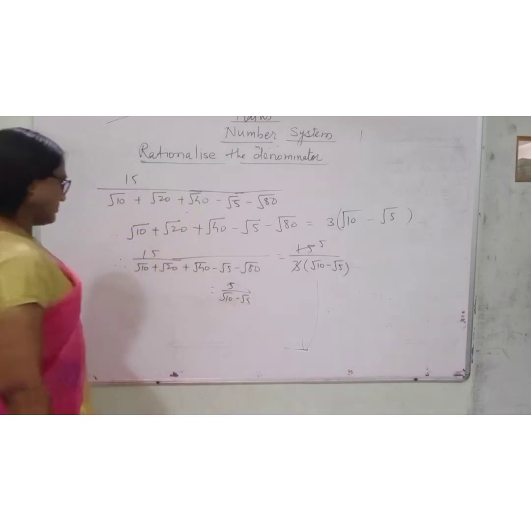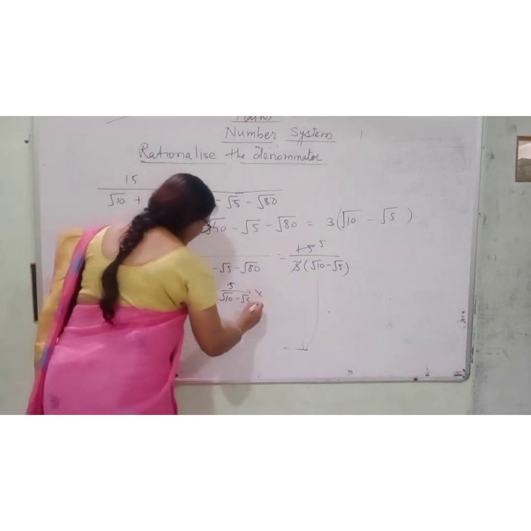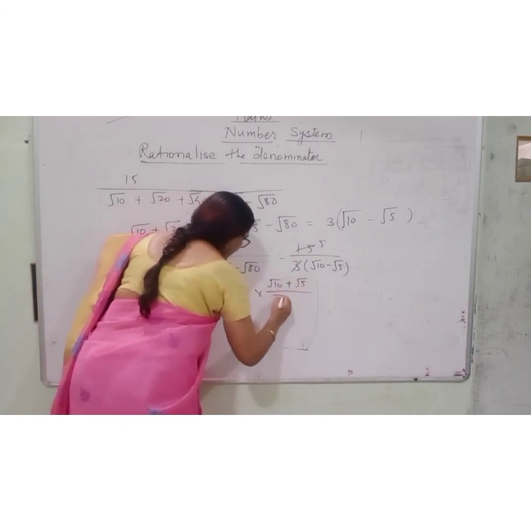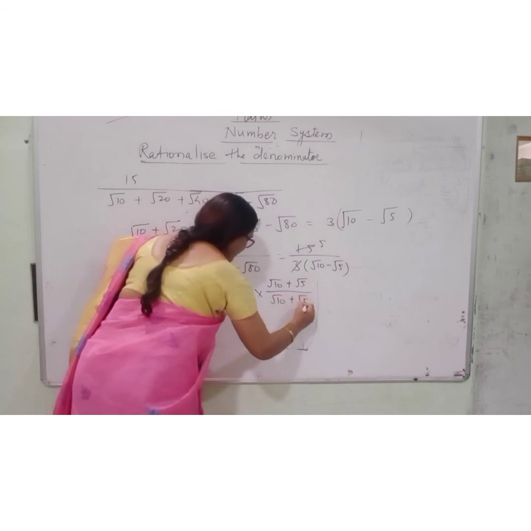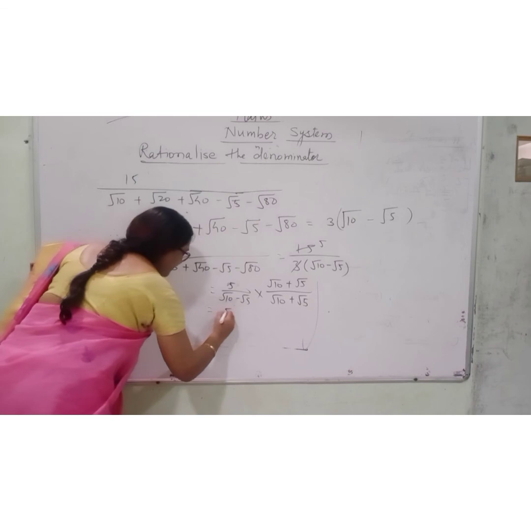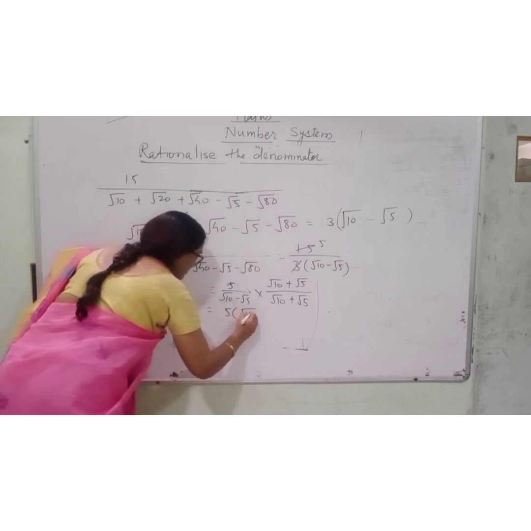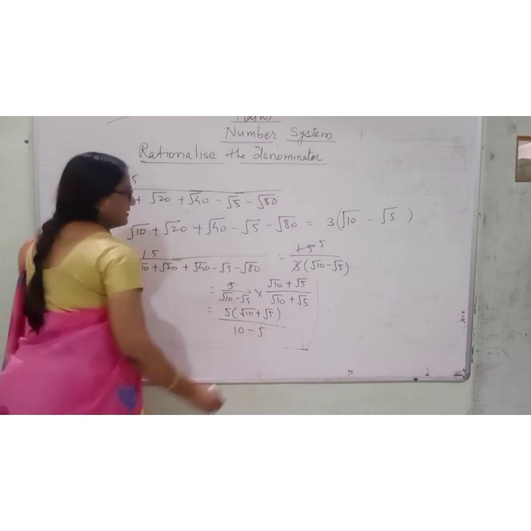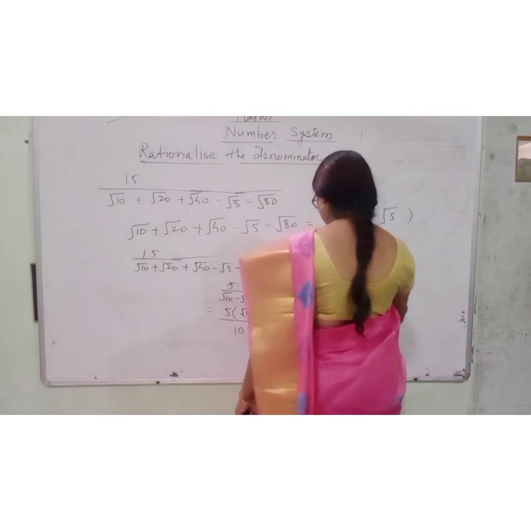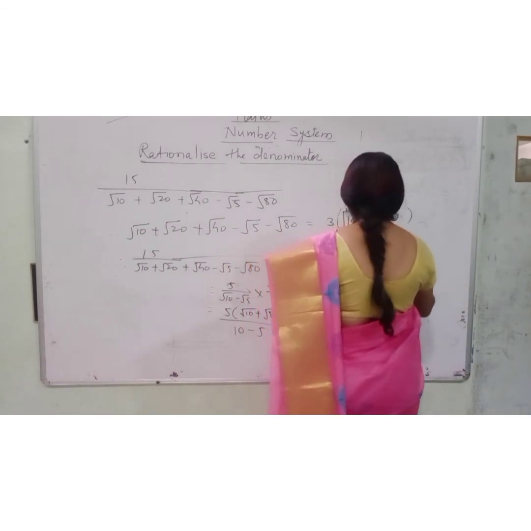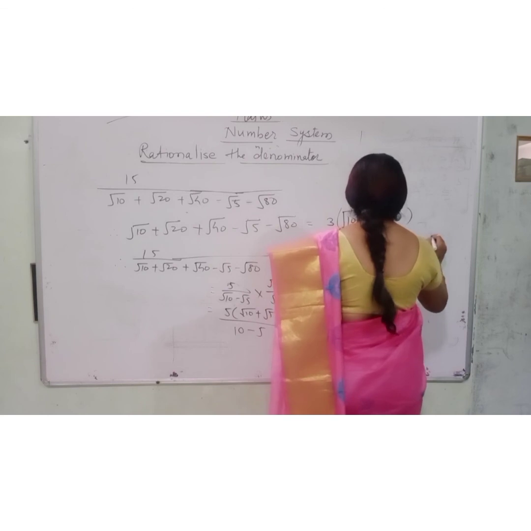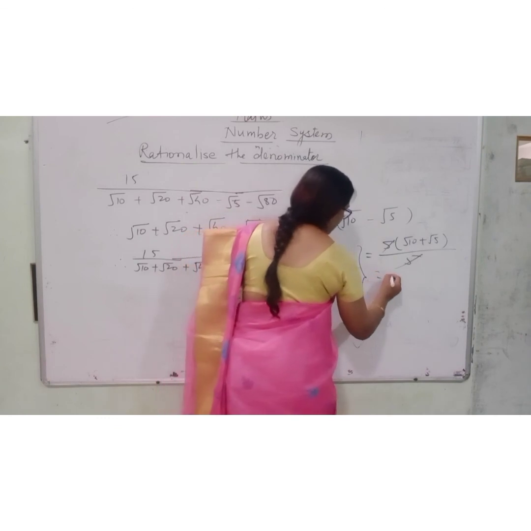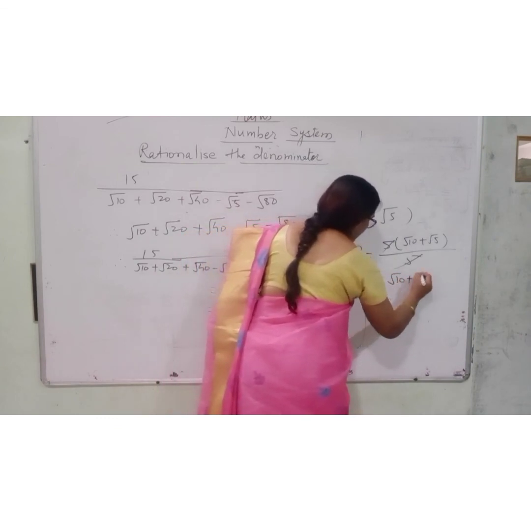Now rationalize the denominator. So multiplying, just take the opposite sign, root 10 plus root 5 divided by root 10 plus root 5, is equal to 5 in the bracket root 10 plus root 5 divided by 10 minus 5, that is equal to 5 in the bracket root 10 plus 5 root 5 divided by 10 minus 5, which is 5. 5 cancel, answer is root 10 plus root 5.